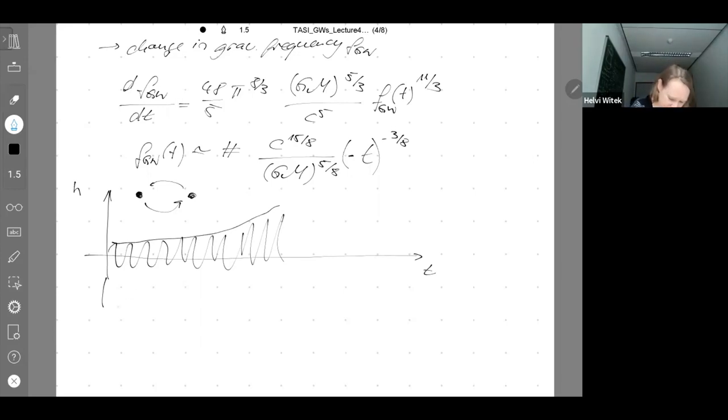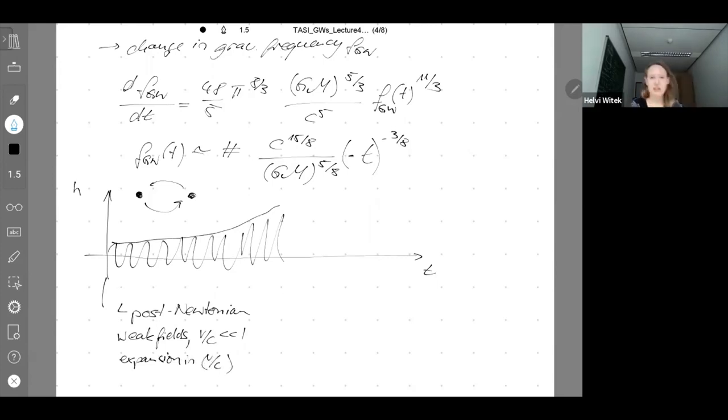So this part would be described by what we call the post-Newtonian series. This is essentially assuming weak fields, slow motion, and an expansion in powers of v over c.